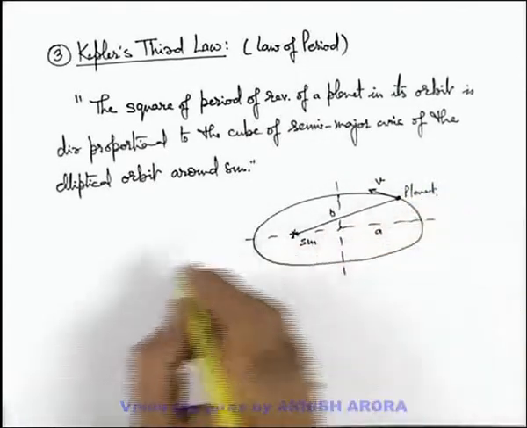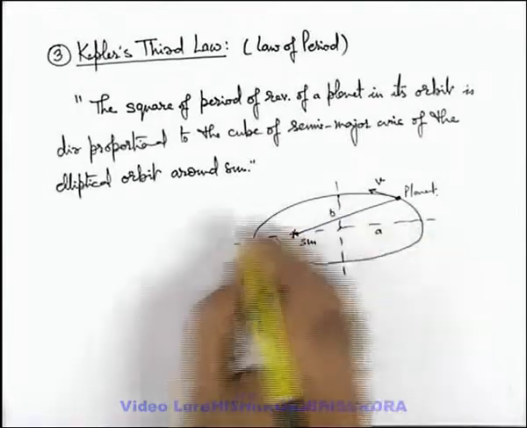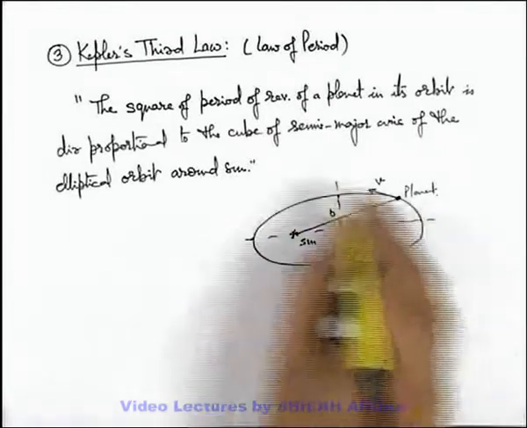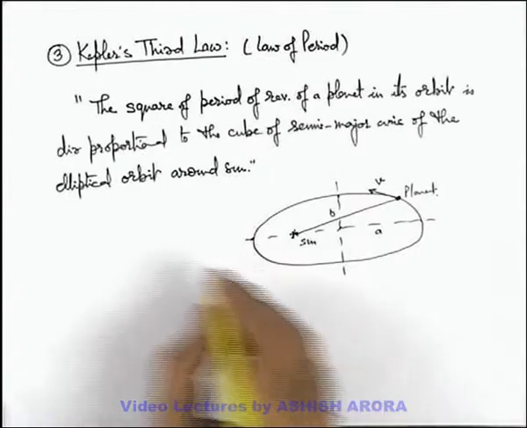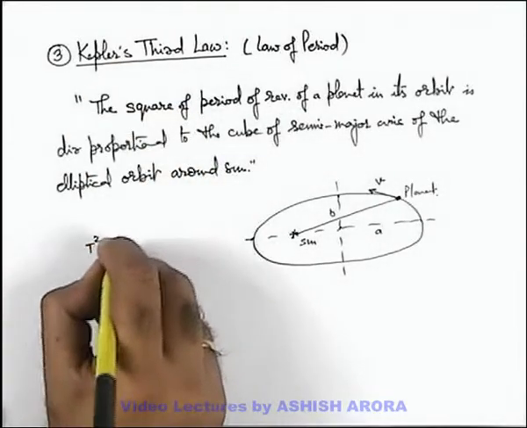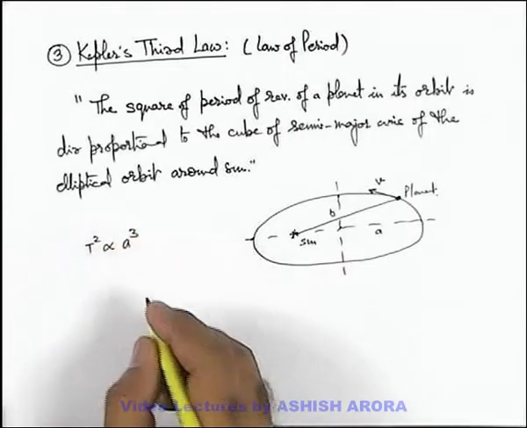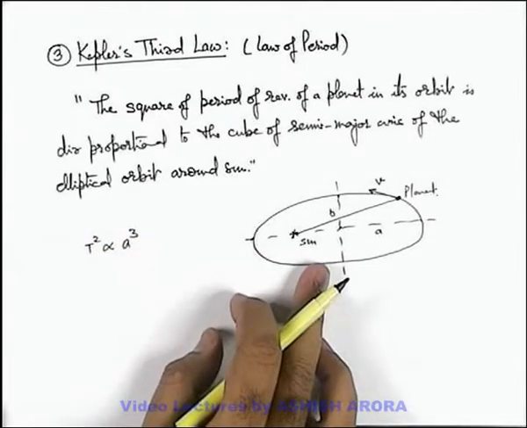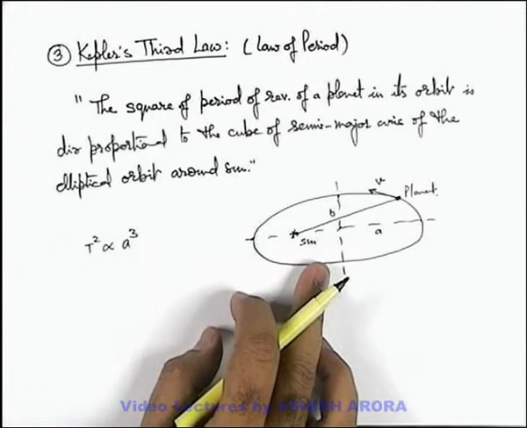And here we can say if T is the time period of its revolution, in which it completes one complete revolution in its orbit, then according to Kepler's third law, T square is directly proportional to a cube, where a is the semi-major axis of the elliptical path.